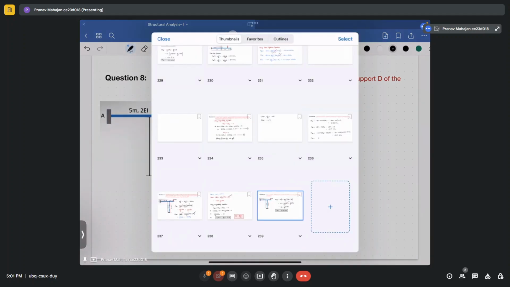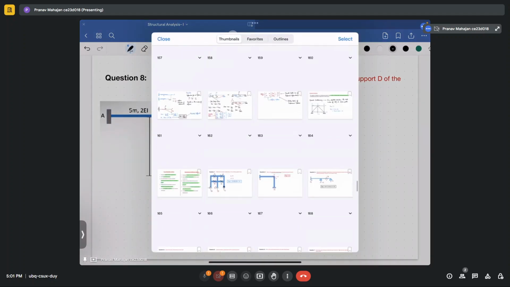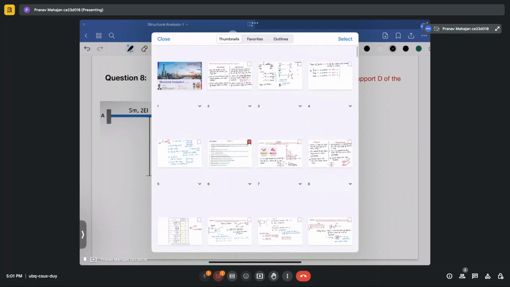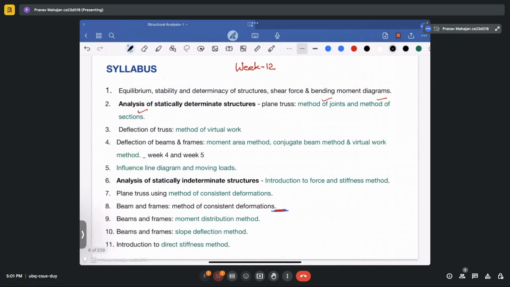What we will see in the coming week is that, since week 10 is completed, only 2 weeks are remaining. So in the coming week, you will see the moment distribution method as well as the direct stiffness method for problems related to indeterminate structures.